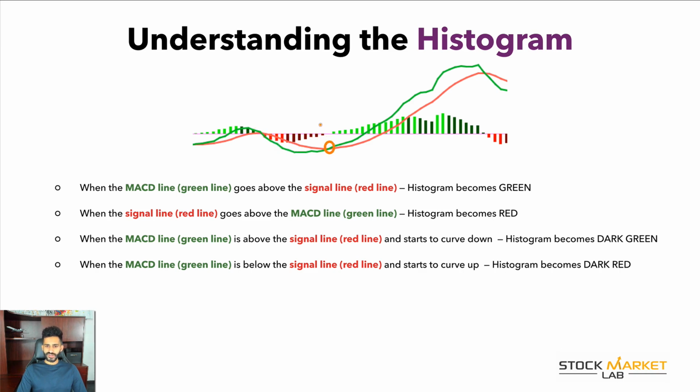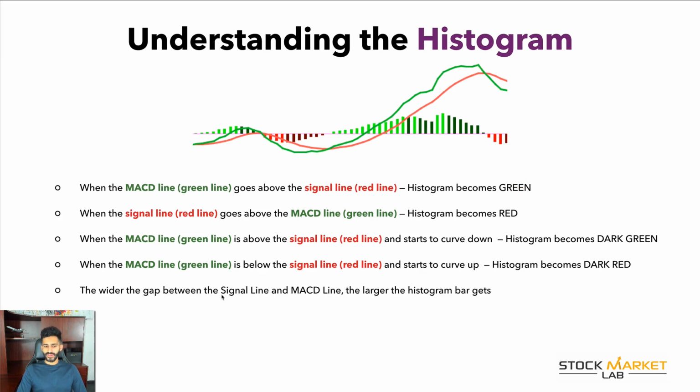Look, it crosses, the colors switch. As the colors switch, they keep expanding and going separate ways, which is why it's light green, light green, light green. It gets a little darker, and then look what happens here. Dark green, dark green, dark green. It's dark green because the gap here is getting tighter and tighter, which indicates the momentum is possibly decreasing or maybe the trend is coming to an end.